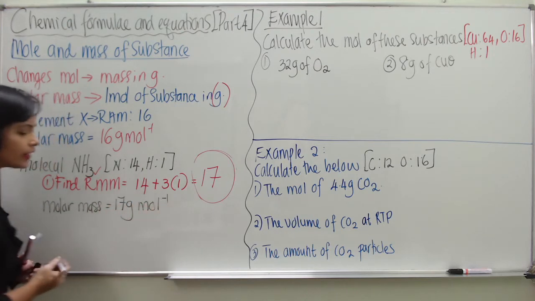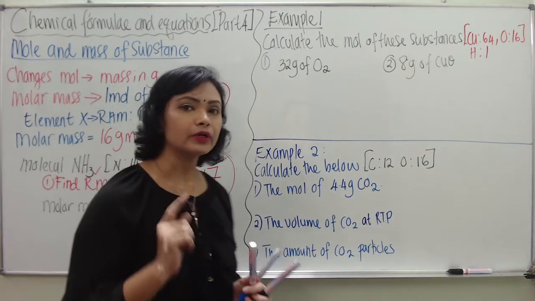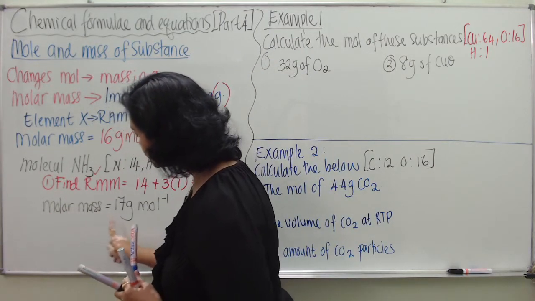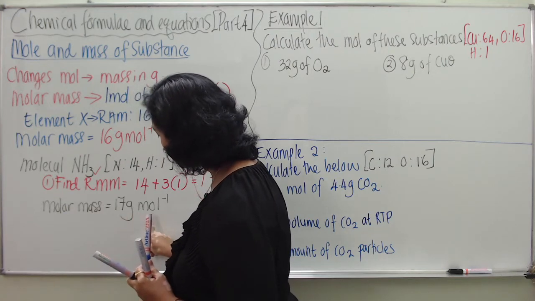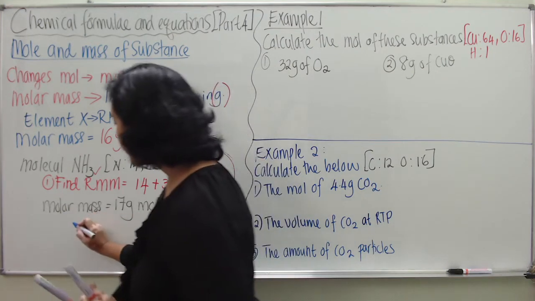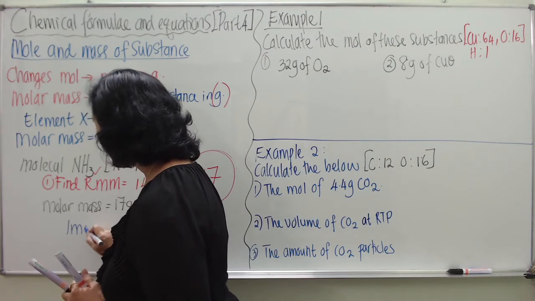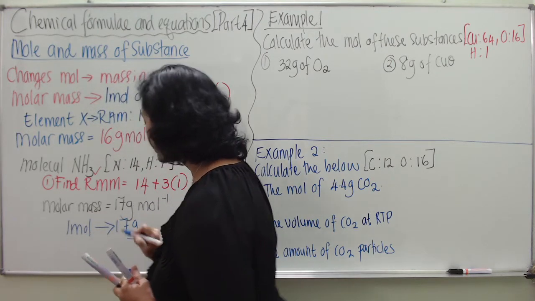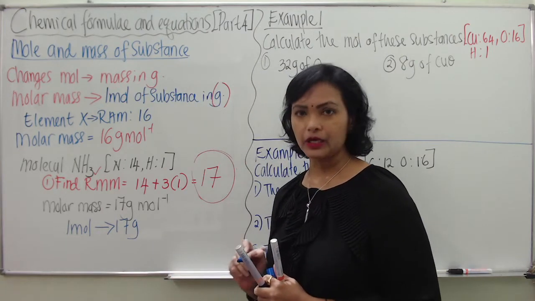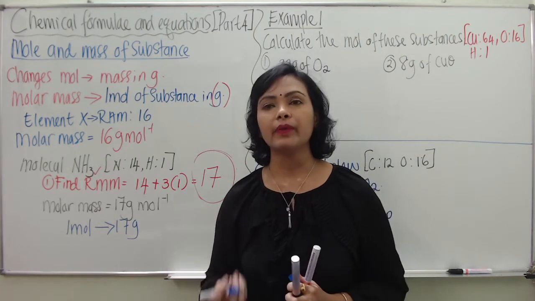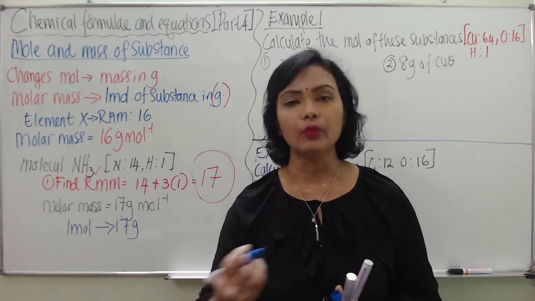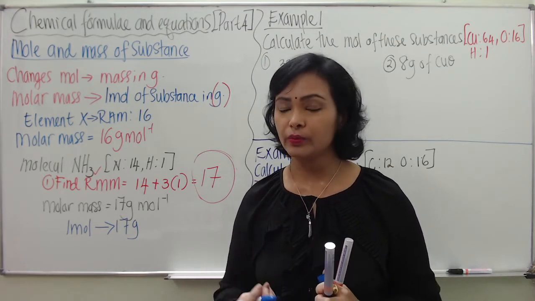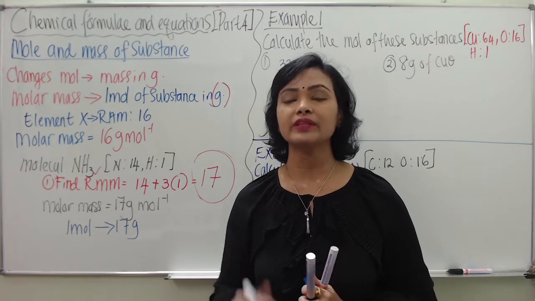Now for your further understanding, allow me to put it this way: molar mass equivalent to 17 gram per mole shows that in order for me to get 1 mole, I must weigh 17 gram of ammonia. For instance, what do we mean by 100 kilometer per hour? This shows that the vehicle will travel 100 kilometer in 1 hour.